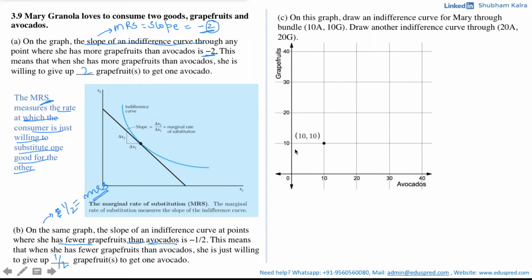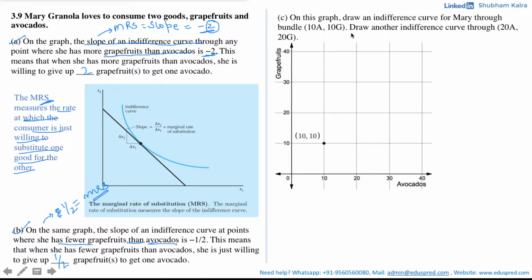Now note that at this consumption bundle she is having equal amounts of avocados and grapefruits. But in the previous parts, which are A and B, we were given certain information about the slope of the indifference curve. Here we are given that whenever she has more grapefruits than avocados, the slope is equal to -2.